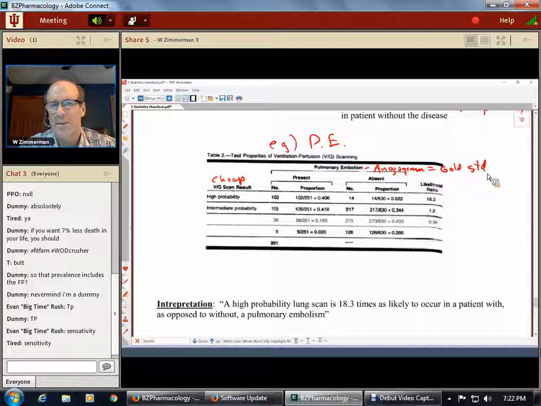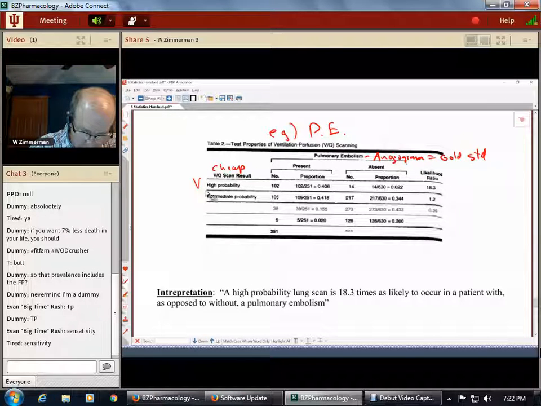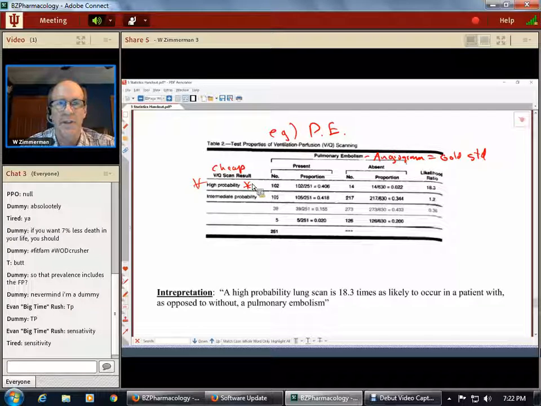We're going to say that that angiogram is so good that when it says an embolism is there, it is. When it shows there's not an embolism, there isn't one there. But let's look at what we got here. I'm going to focus just on the high probability.